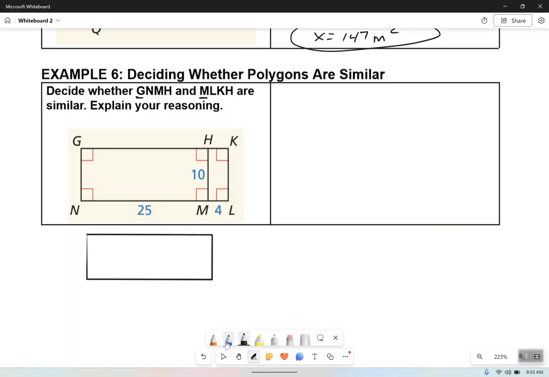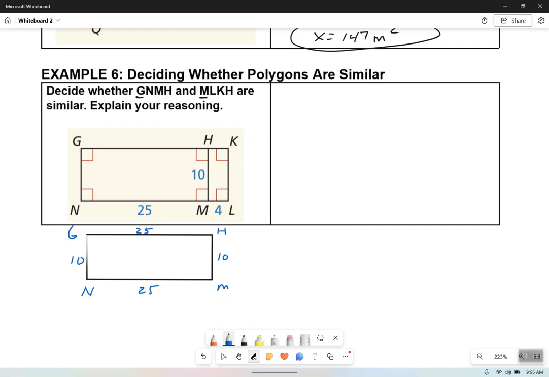I'll label this the original one, G, H, M, and N. Do you know the distance from G to N? 10. How about from G to H? 25. So this would be a 10, and this would be a 25, wouldn't it?